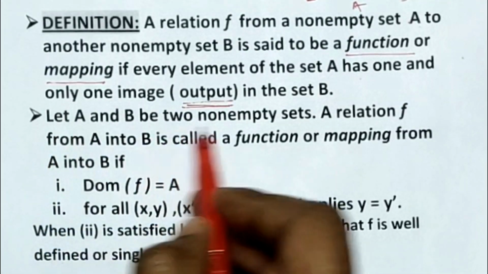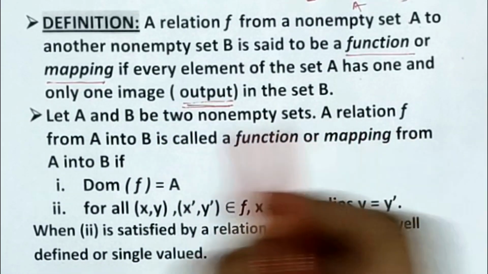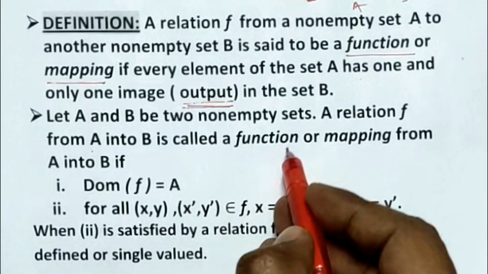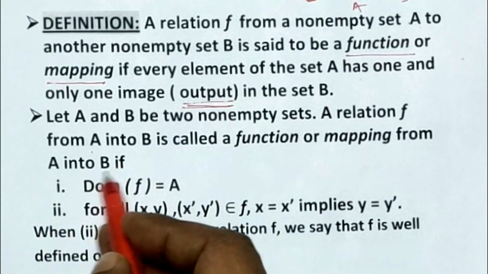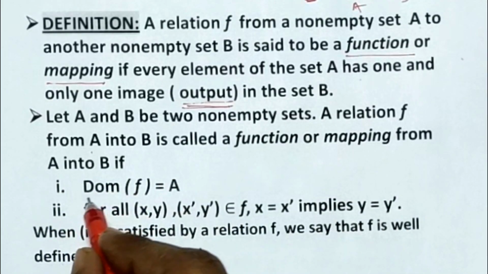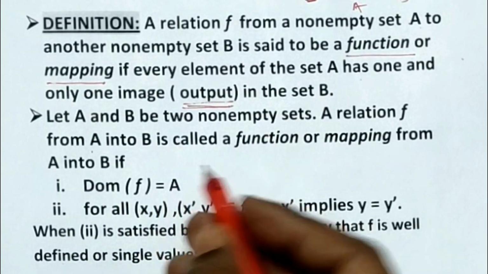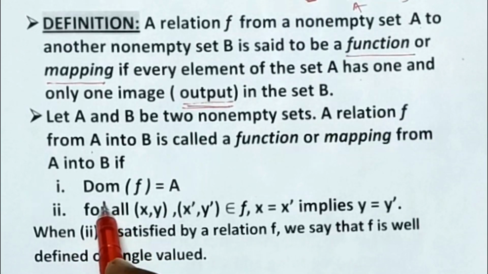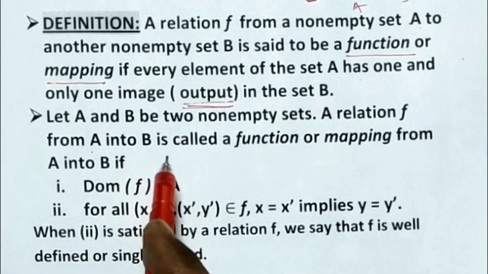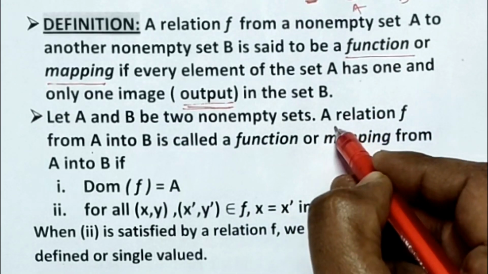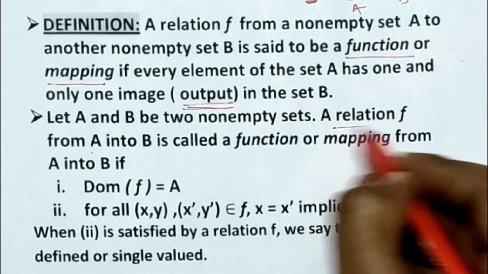Let A and B be two non-empty sets. A relation f from A into B is called a function or mapping from A to B if, number 1, domain of f equals A. I hope you can understand what is the domain of a relation. I simply define the function by taking f as a relation also.